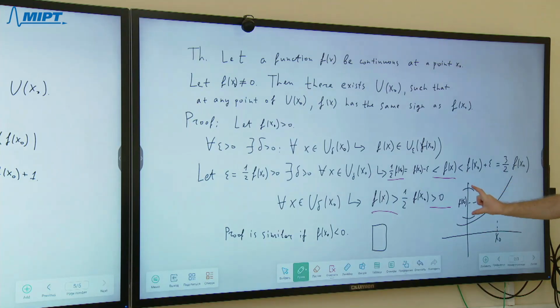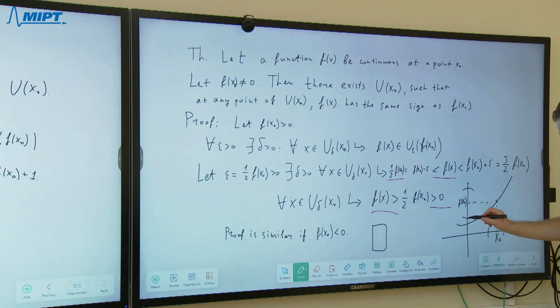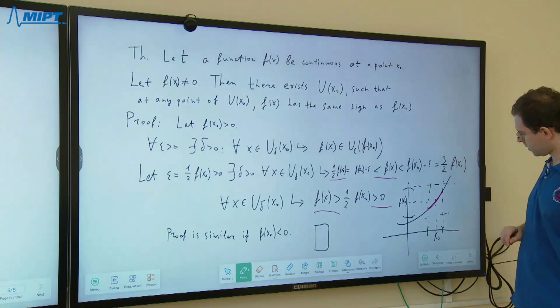And for this epsilon neighborhood, by definition of the limit, I can find delta neighborhood of x0 such that for any x from this neighborhood, we'll basically have this part of my graph, like that.